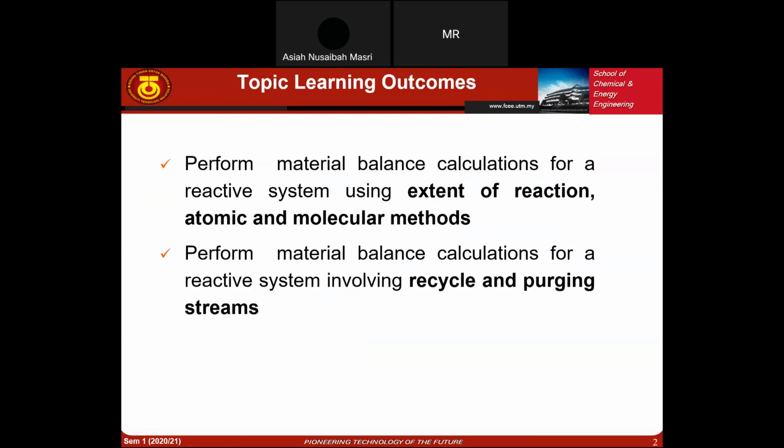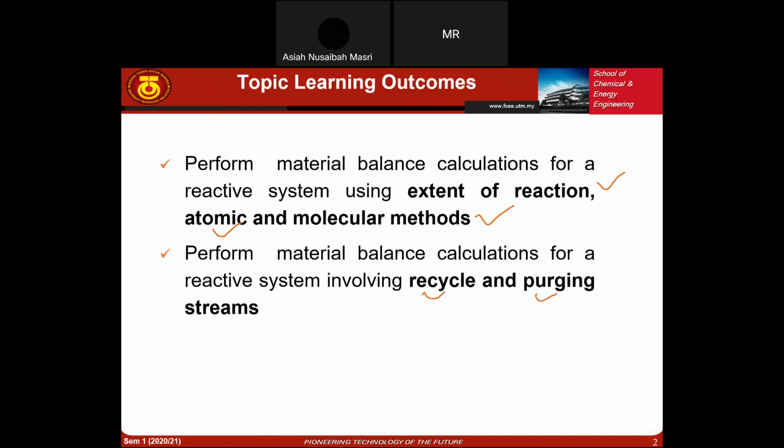The first one is to perform material balance calculations for a reactive system using extent of reaction, atomic, and molecular methods. Secondly, is to perform material balance calculations for a reactive system involving recycle and purging streams.